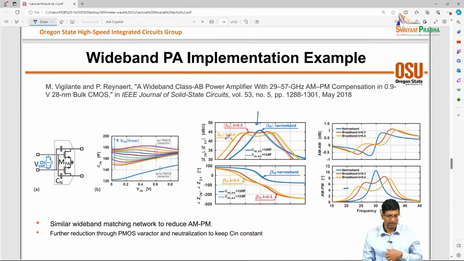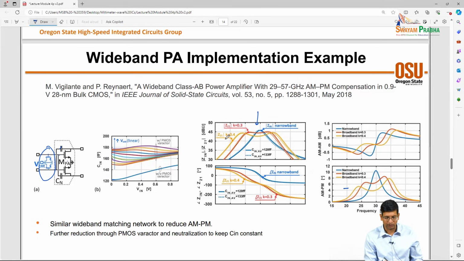AM/PM that they see. The other thing that they do in this PA is the equivalent of analog predistortion, where they are adding a PMOS varactor at the input, so that in addition to the neutralization, which is taking out the CGD, any Cin nonlinearity is balanced out.